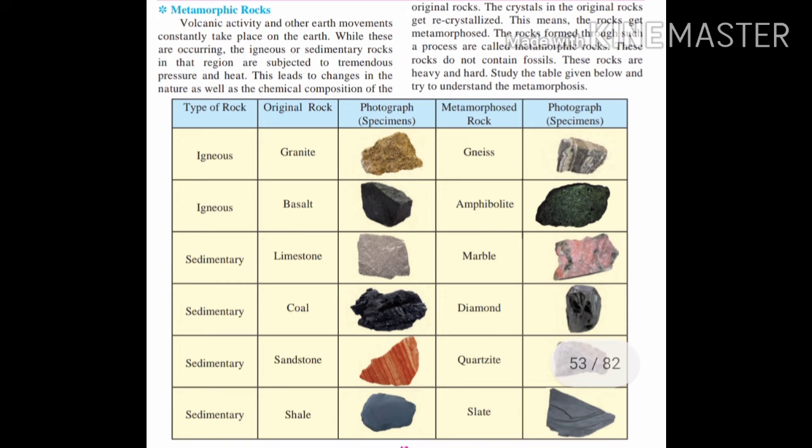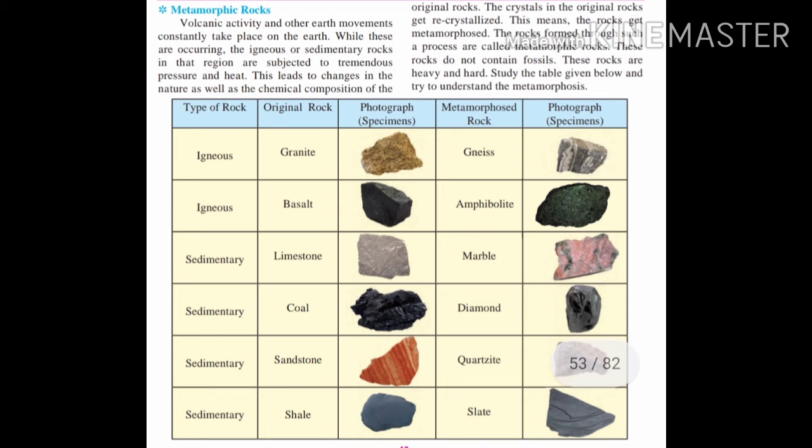Volcanic activity and other earth movements constantly take place on the earth. While these are occurring, the igneous or sedimentary rocks in that region are subjected to tremendous pressure and heat. This leads to changes in the nature as well as the chemical composition of the original rocks.